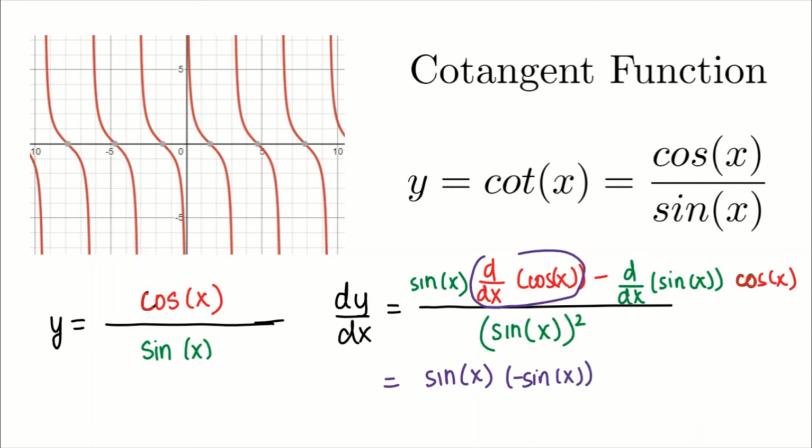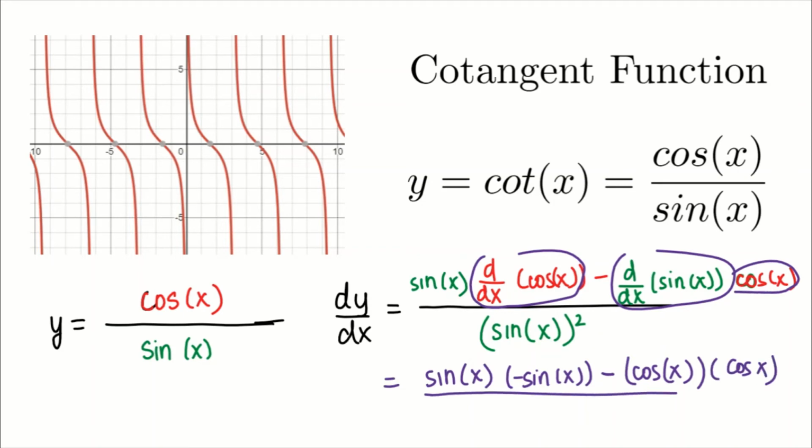So the negative sine of x, minus the derivative of sine of x, which is cos of x. And notice that there is a negative sign right there, so keep that in account. This is being multiplied by the cos of x that's right there. So we will have cos of x, again, multiplied. This is being divided by sine of x squared.